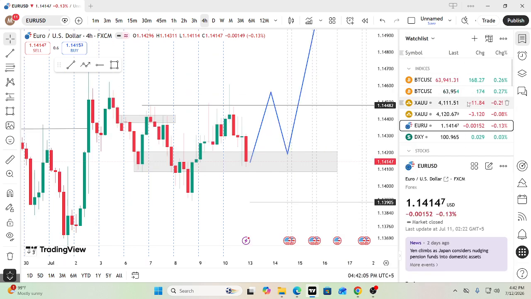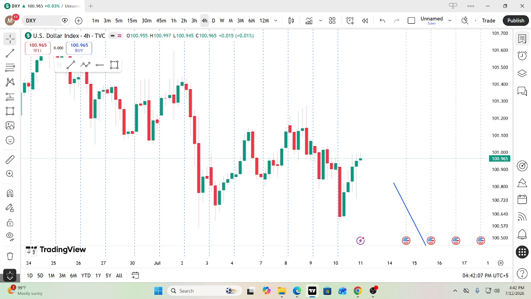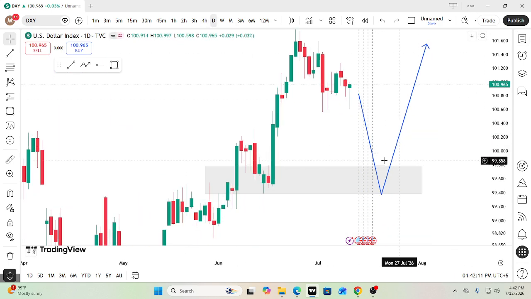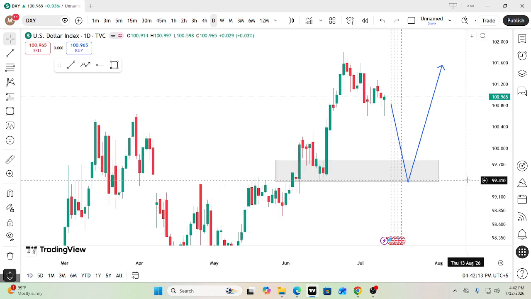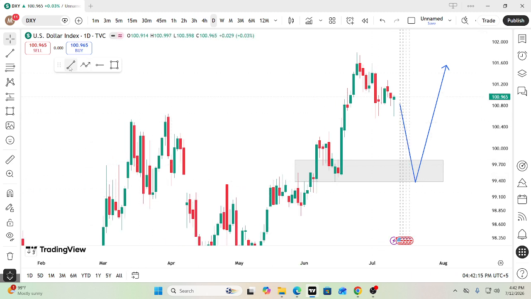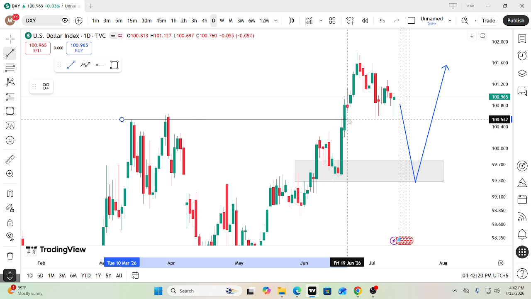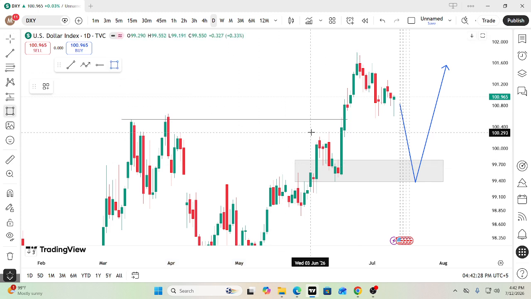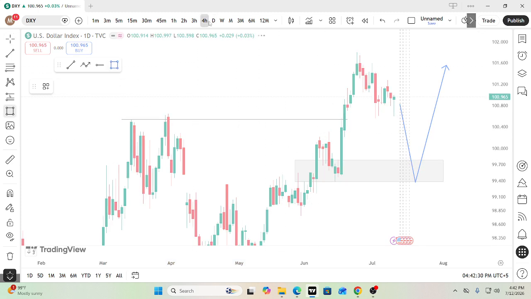So now we discuss the chart of DXY. DXY is bullish, but this is the support. If DXY falls from where we have right now, 100.96, then this is the support, and even this area is also a support area.